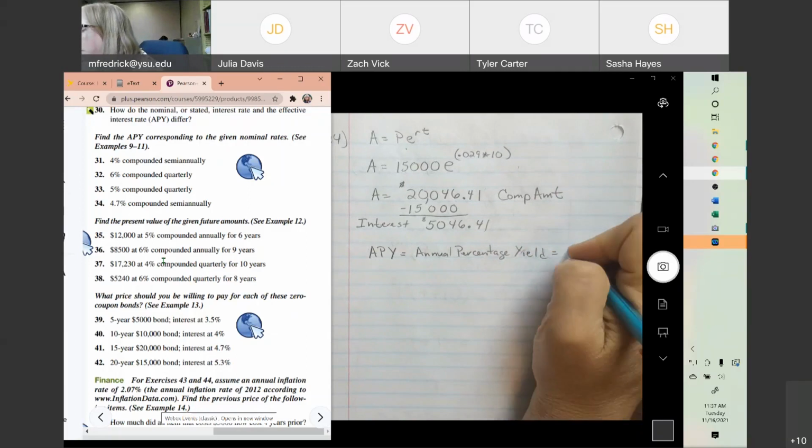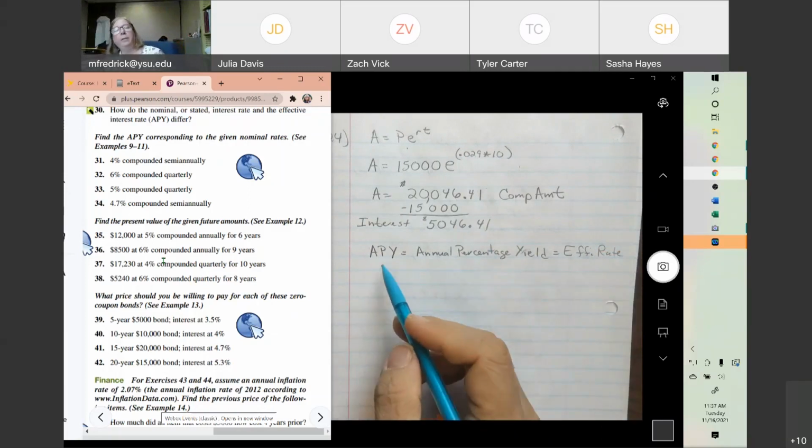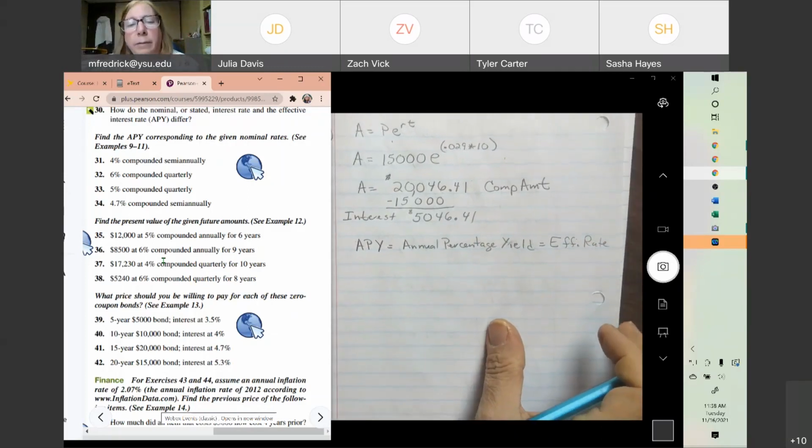The annual percentage yield is the same as effective rate. So if they ask for APY, they're asking for the effective rate.